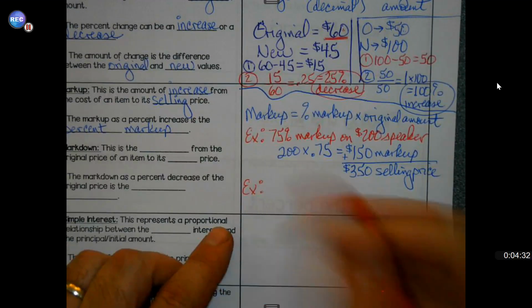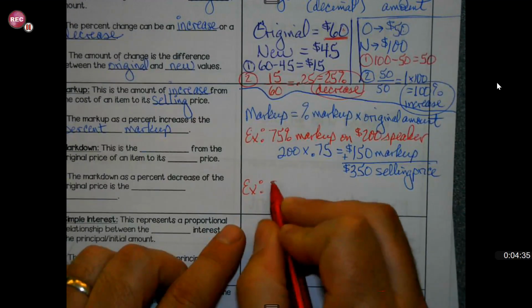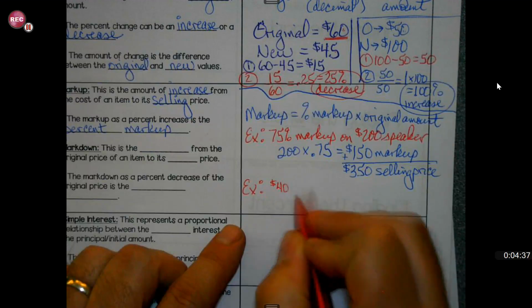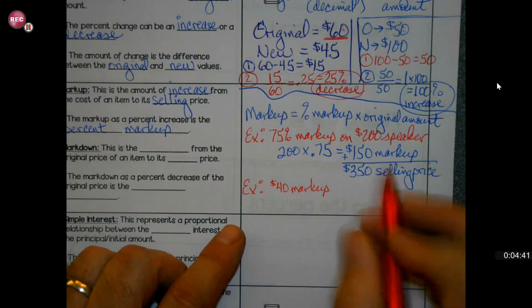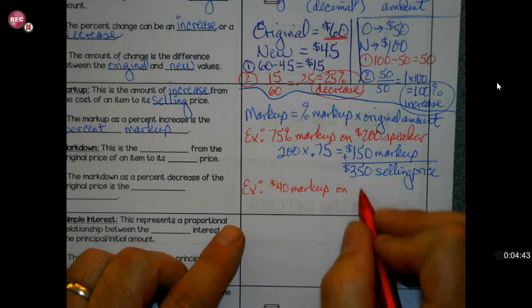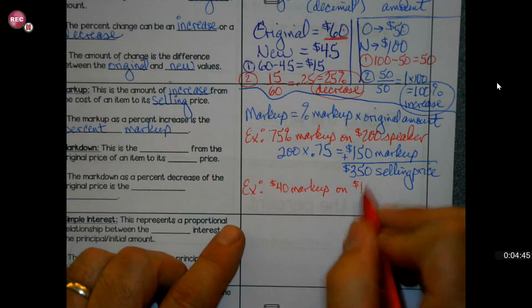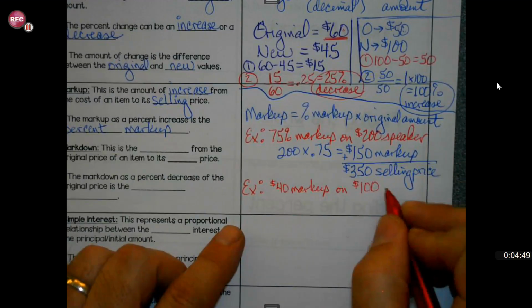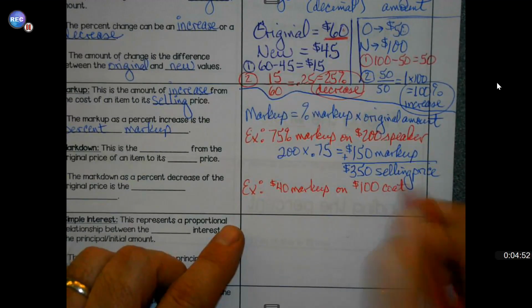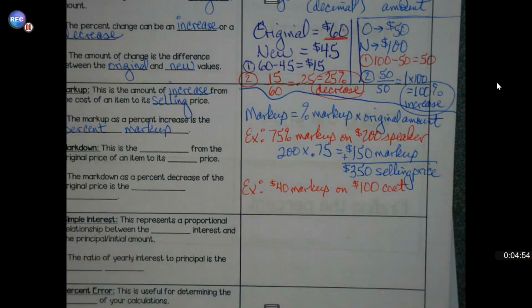Let's say I had a $40 markup on a $100 coat.